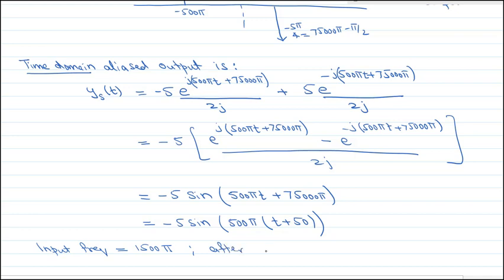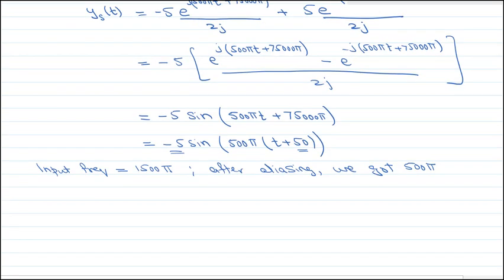After aliasing, we got 500 pi frequency, because the 1500 pi got folded onto 500 pi. Now, to find out what exactly the new time shift and the new sign in front of sine should be, we had to go through this entire exercise.